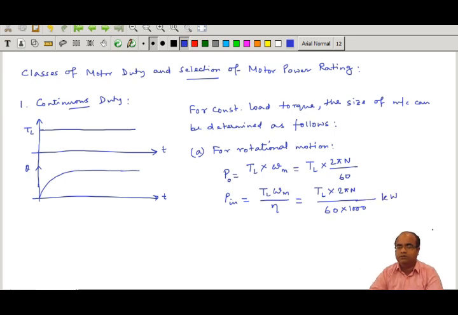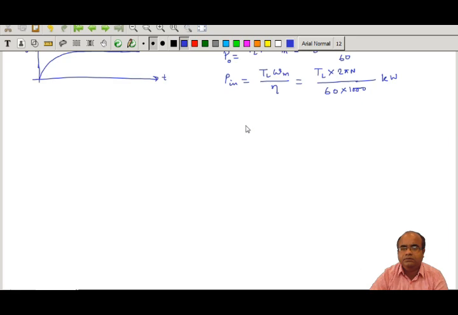This amount of kilowatt is approximately TL n divided by 9550 eta, that amount of kilowatt for the rotational motion. Now come to the linear motion.